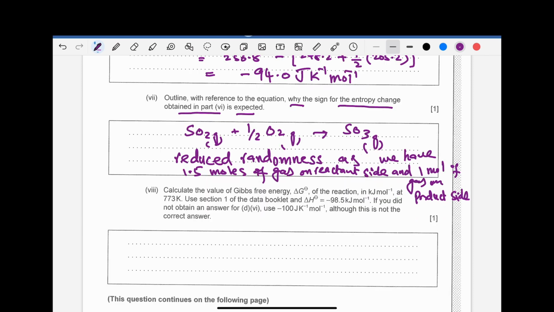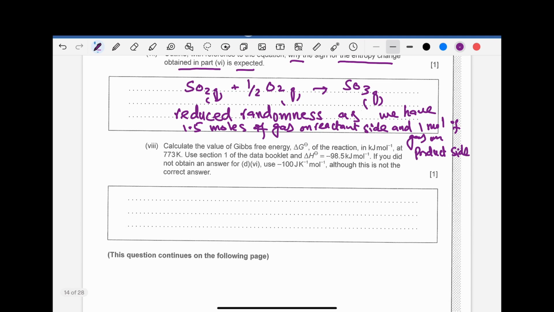Let's move to the next part of the question. Calculate the value of Gibbs free energy delta G naught of the reaction in kilojoule per mole at 773 Kelvin. Use section 1 of the data booklet. Delta H is minus 98.5 kilojoule per mole. So we know delta G naught is equal to delta H naught minus T delta S naught. This equation is given in section 1 of the data booklet.